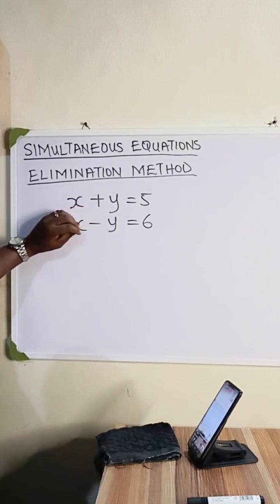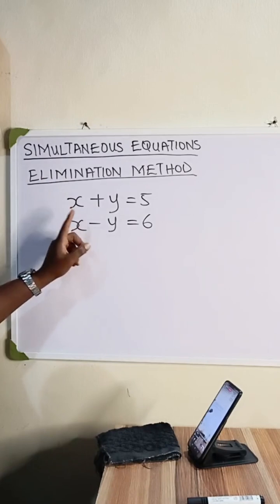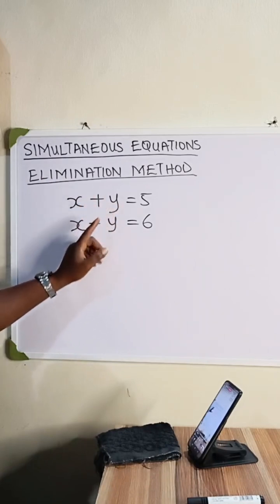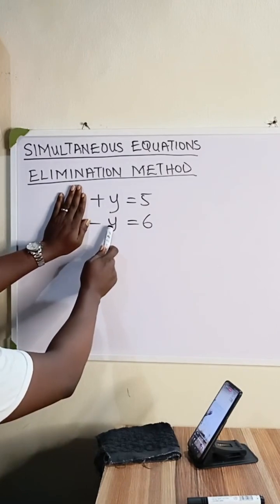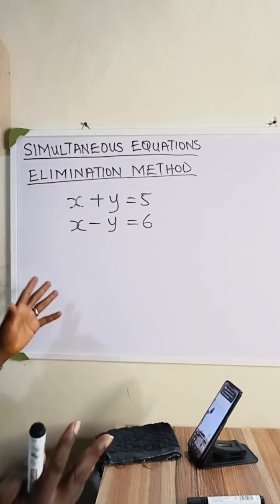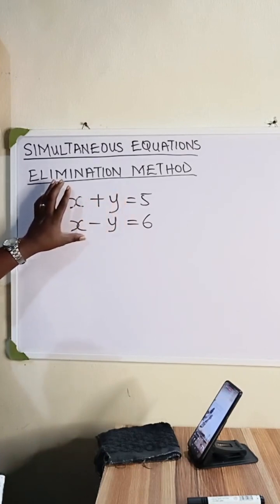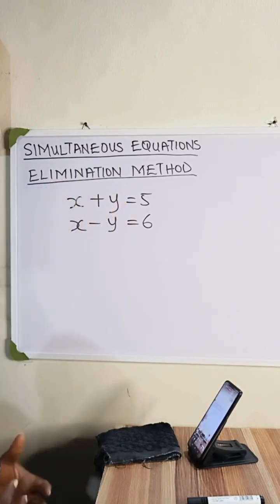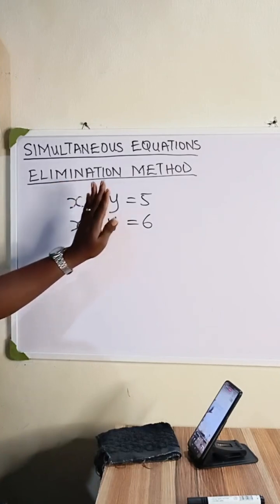Okay? Now, in the elimination method, if you have two variables like this, you have to eliminate one of the variables in order to find the other variable. Some other person might decide to eliminate y in order to find the value of x. Another student might decide to eliminate x in order to find the value of y.